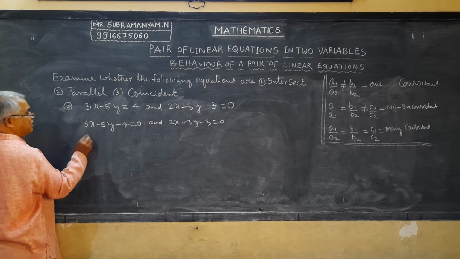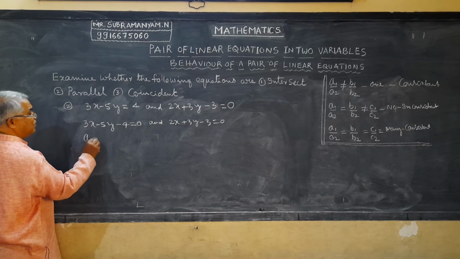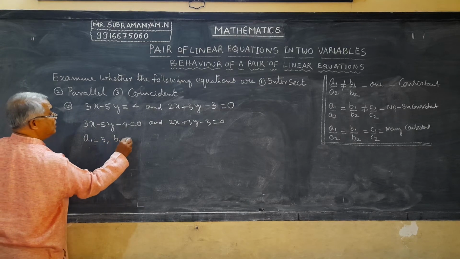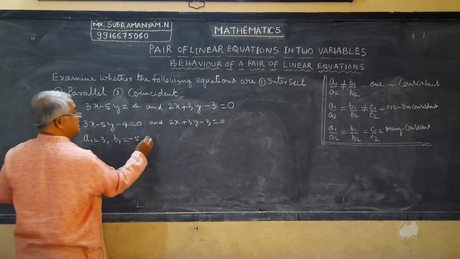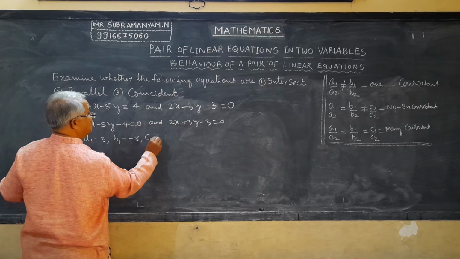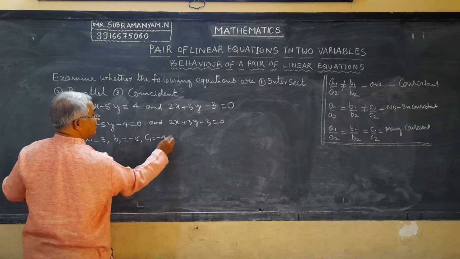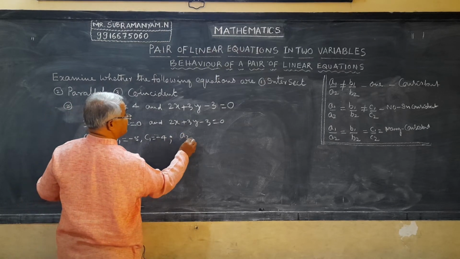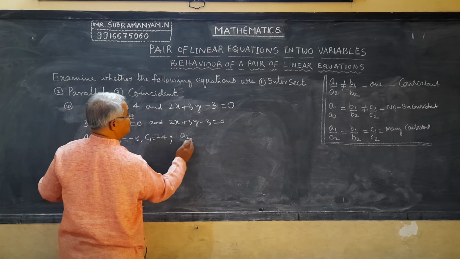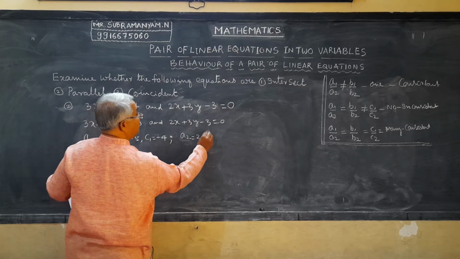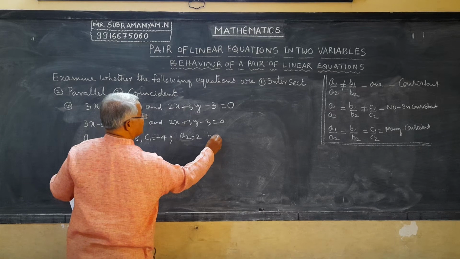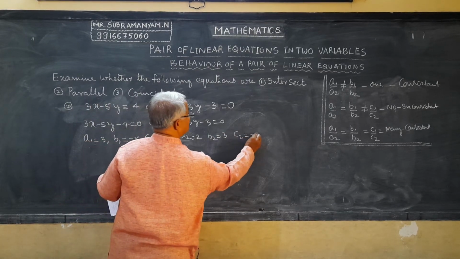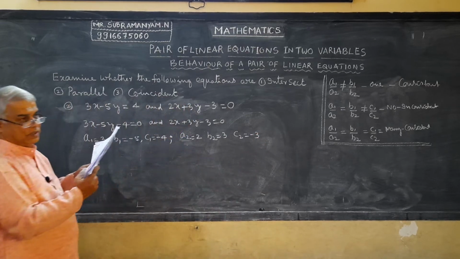Now, a1 equal to 3, b1 equal to minus 5, c1 equal to minus 4. Okay. Next, a2 equal to 2, b2 equal to 3, c2 equal to minus 3. Okay.